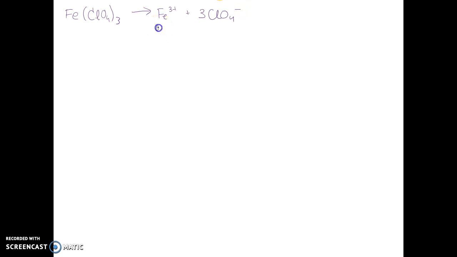So again, we want to know whether our cation is an acid and whether our anion is a base. So iron is a metal. Therefore, it is an acid. So we're done with the cation. Now we go on to the anion.